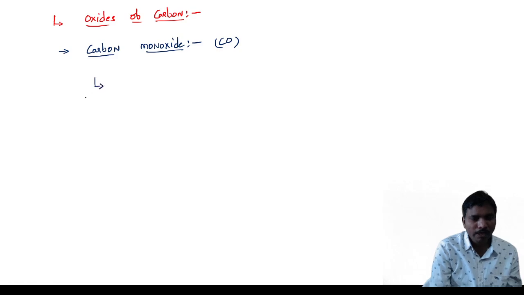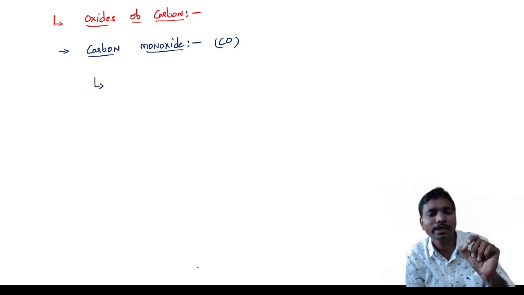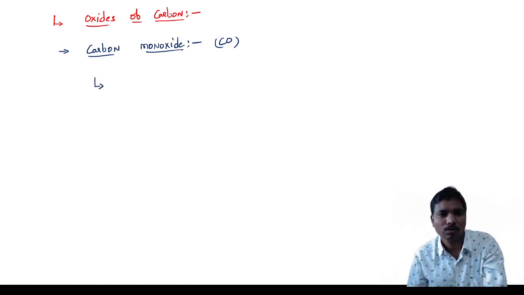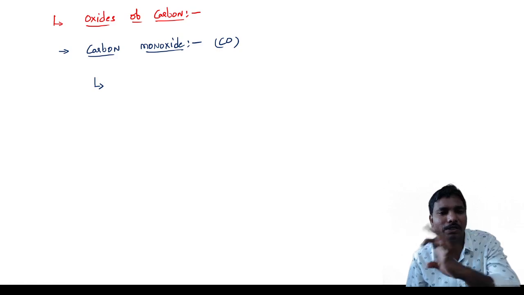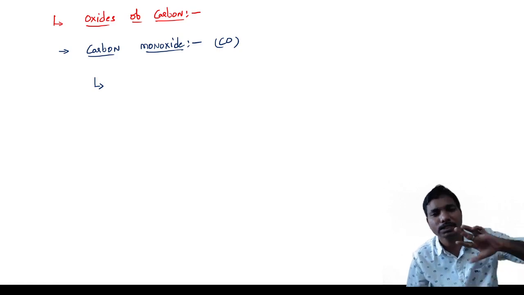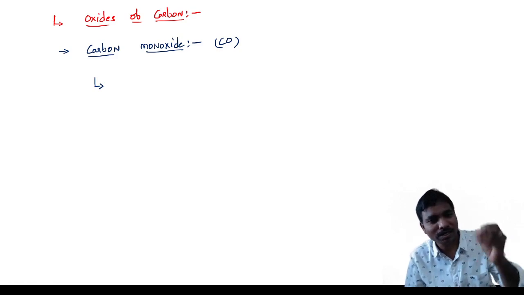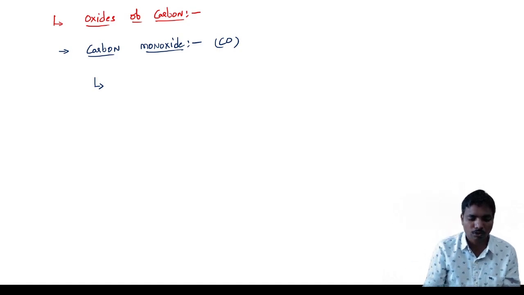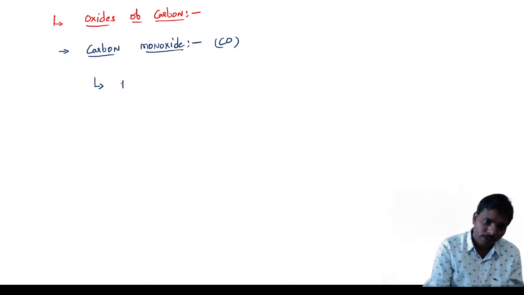So here whenever the carbon is partially combusted, okay, it is partial combustion, then carbon monoxide is formed. If the carbon is completely combusted, then carbon dioxide is formed. That is the difference. Okay, so note down this point.